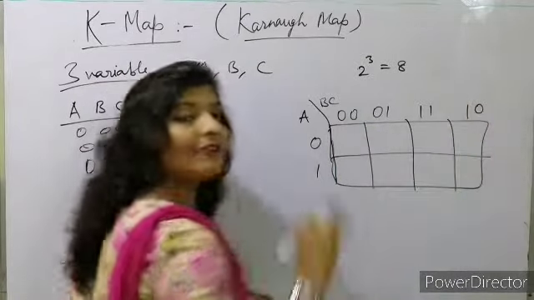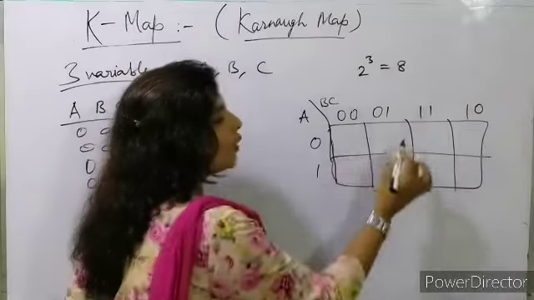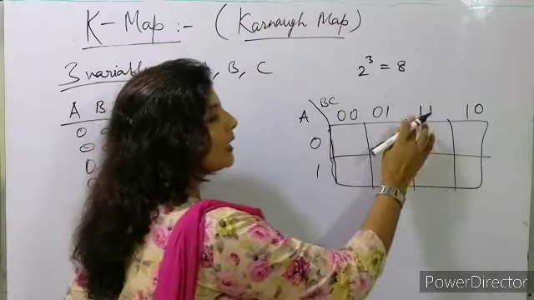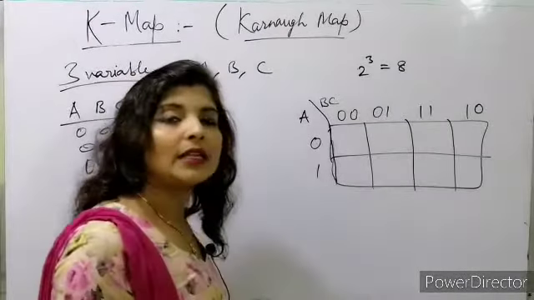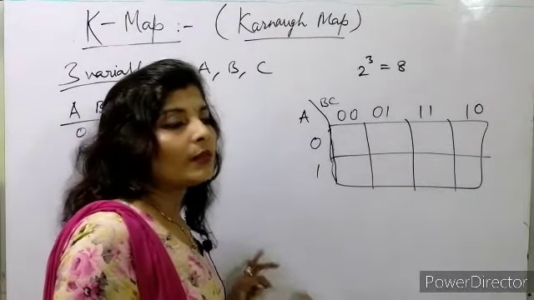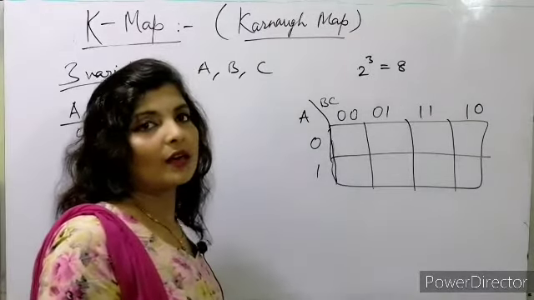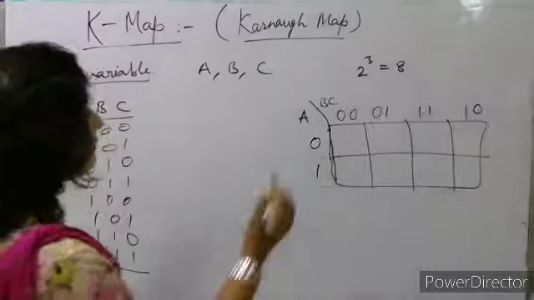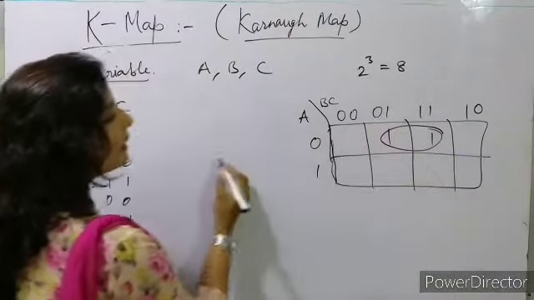And why are we doing this? Because for minimization we'll take common terms. If it is 1 0 and 0 1, we cannot take anything common in both, because in A bar B plus A B bar there is nothing common. But when we have 1 1, we can take common. What will be its value?